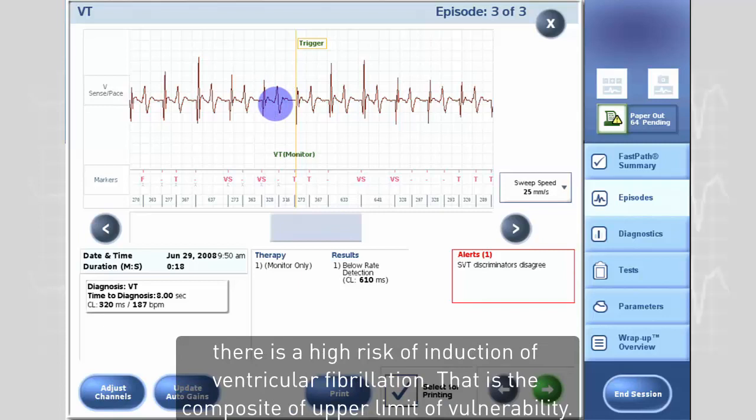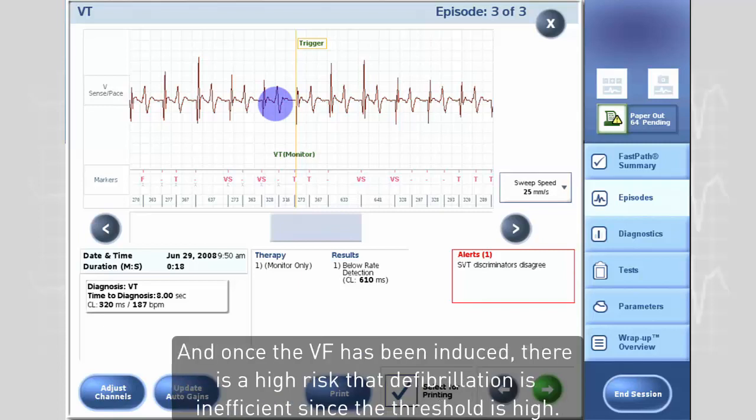That is the concept of upper limit of vulnerability. And once the VF has been induced, there is a high risk that defibrillation is inefficient, since the threshold is high.